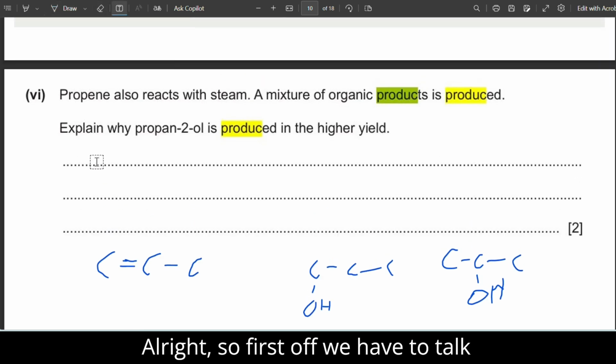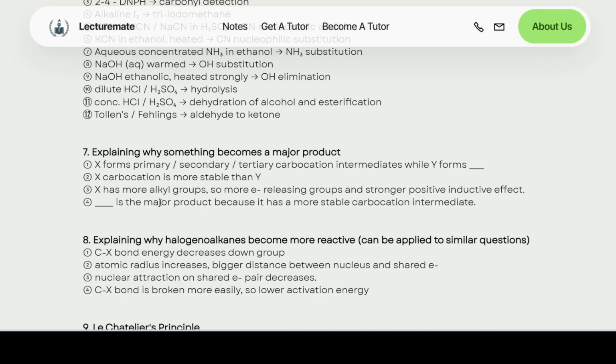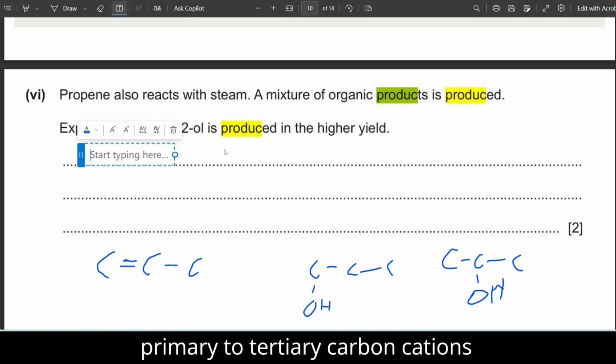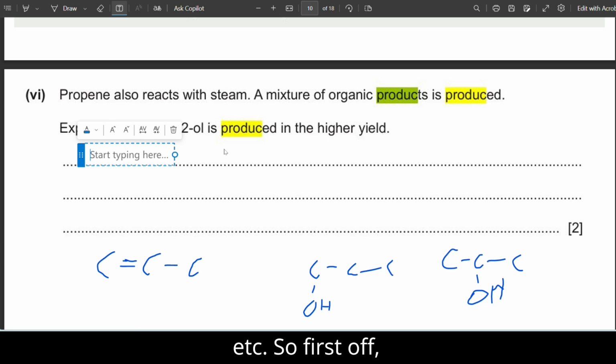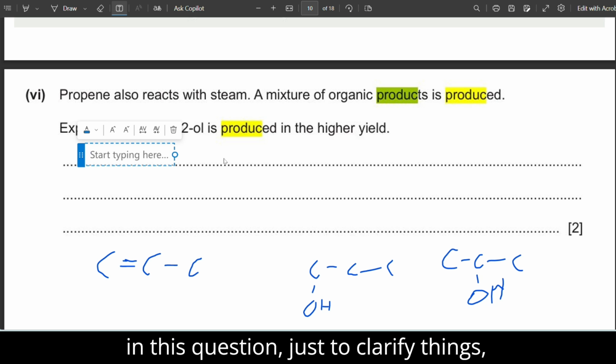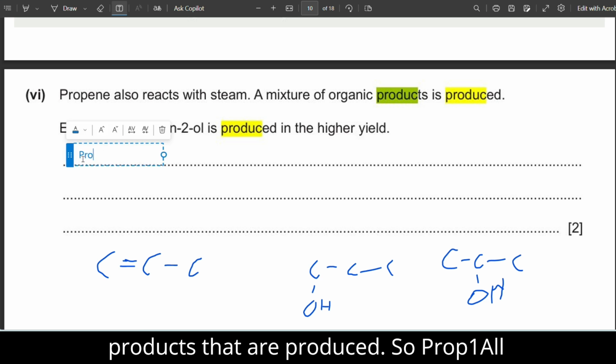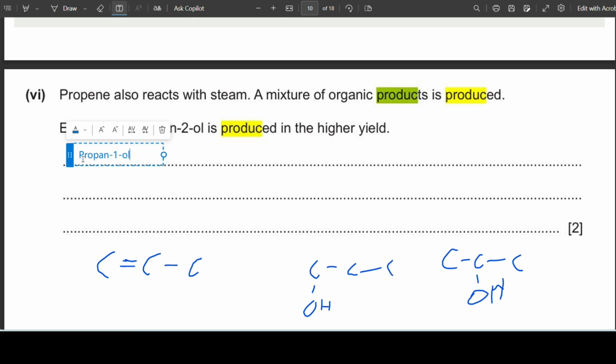Alright, so first off we have to talk about primary to tertiary carbocations, etc. In this question, just to clarify things, I would have to state the products that are produced. So propan-1-ol and propan-2-ol are produced.